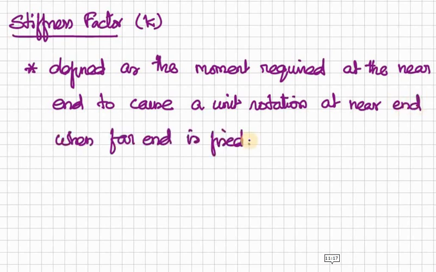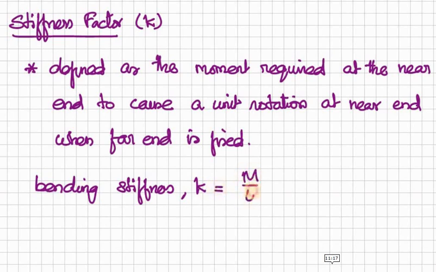Since in this method only bending moment is considered, bending stiffness K is equal to M divided by theta. That is, acting force over the corresponding displacement. Now from this we can get M is equal to K times theta also.